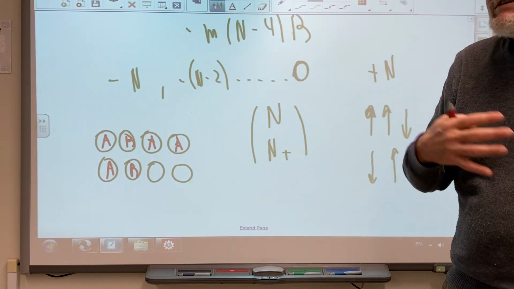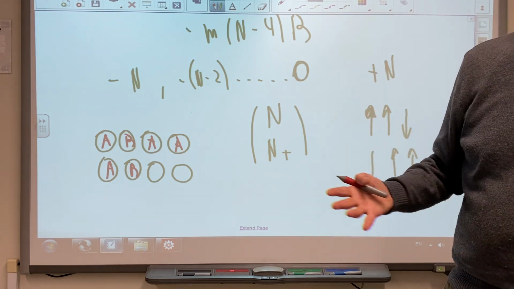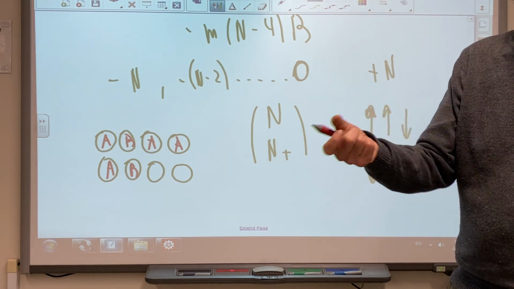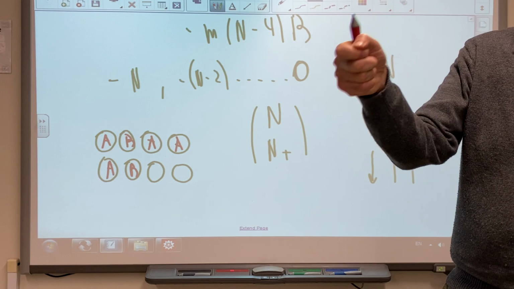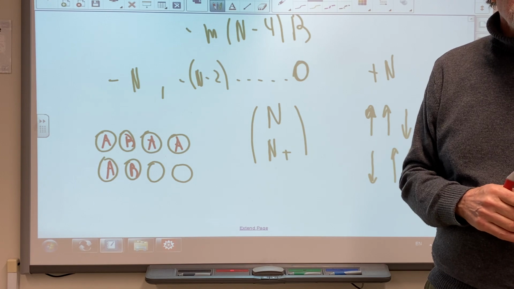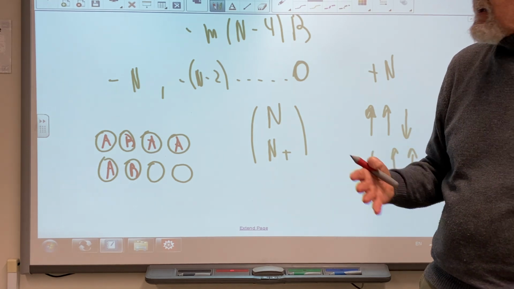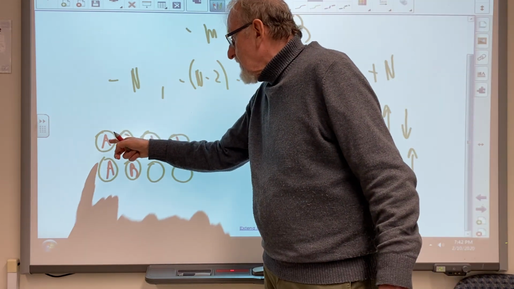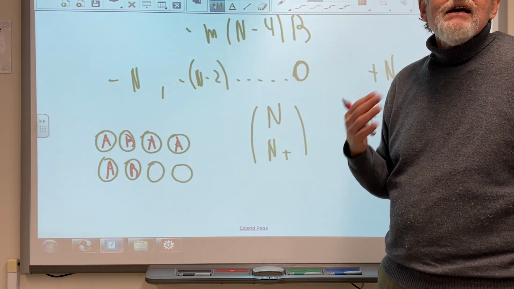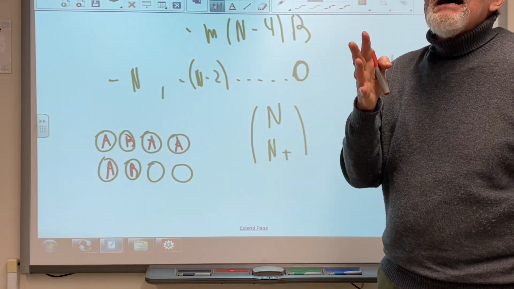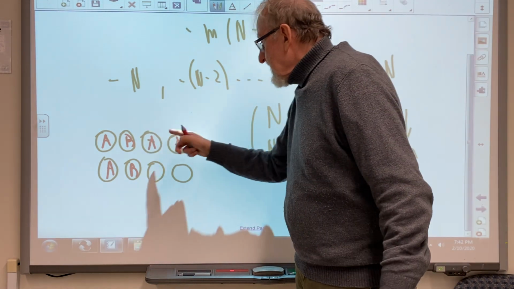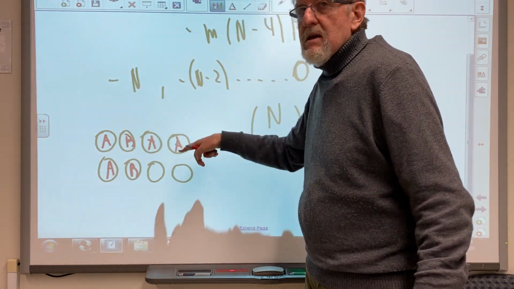And if there is no particular interaction between them, all will have the same energy. But if you assume that somehow there is a chemical affinity to particles of atom A, which is different from particle B, then the energy will be given by the chemical affinity of A times the number of particles of A, plus the chemical affinity of B times the number of particles of B. So the only thing that will matter is how many I have of type A and how many of type B. So if I have A, B, B, B, B, B, or A, B, A, B, A, B, it doesn't matter.